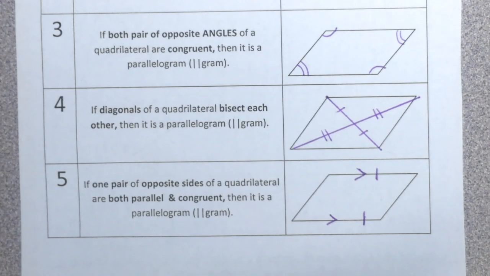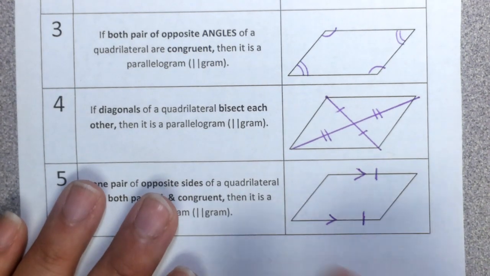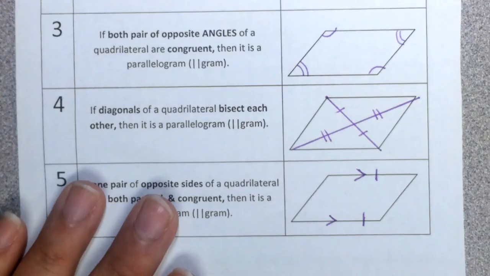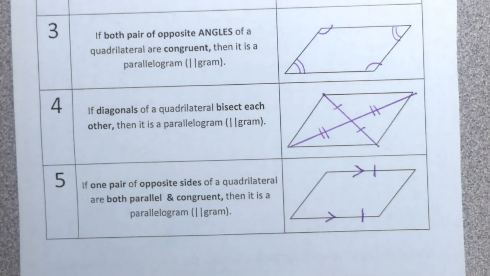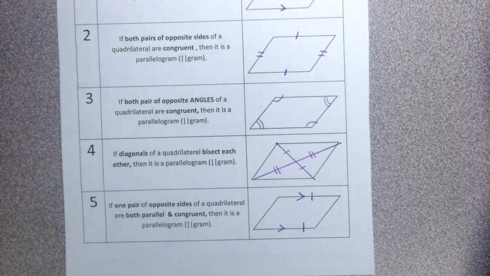Why? If these are parallel and the same size, don't you agree they'll be the same distance away from another side? So that's why. These are your 5 reasons. If a shape meets one of these reasons, it's a parallelogram.